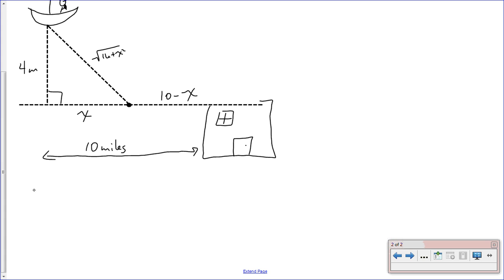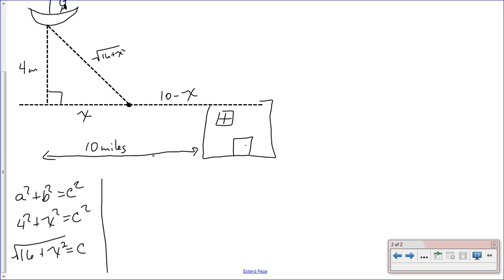How did we know that? Our good friend Pythagoras: a squared plus b squared equals c squared. So 4 squared plus x squared equals c squared, so 16 plus x squared equals c squared, so c is the square root of 16 plus x squared.